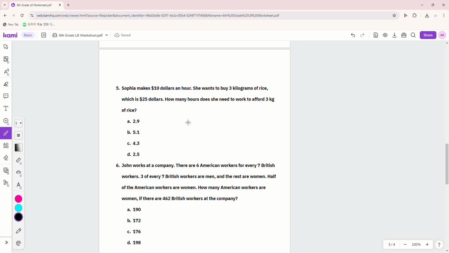For number 5, Sophia makes $10 an hour. She wants to buy 3 kilograms of rice, which is $25. How many hours does she need to work to afford 3 kilograms of rice? So she makes $10 an hour, but she wants to buy 3 kilograms of rice, which is $25.